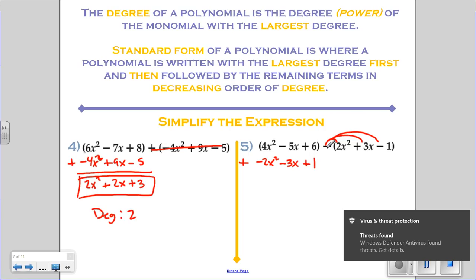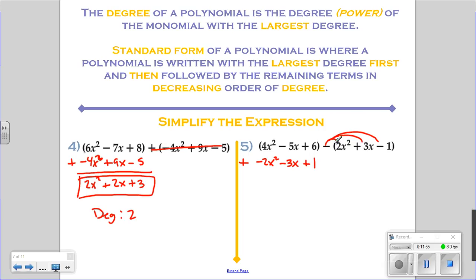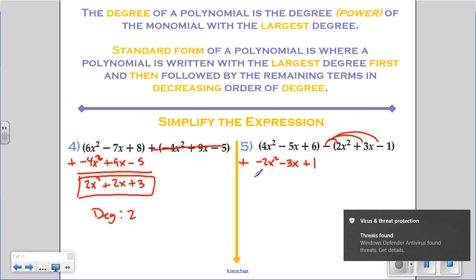You're distributing negative 1 to all terms. And again, your sign changes from a subtraction sign to a plus sign after you do that. Please make that a habit to do every chance you get when you have a subtraction sign. You must distribute the negative and change it to the plus sign.